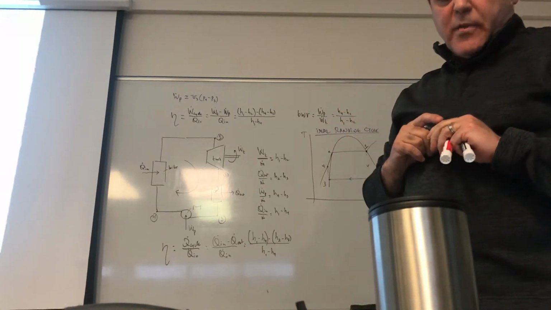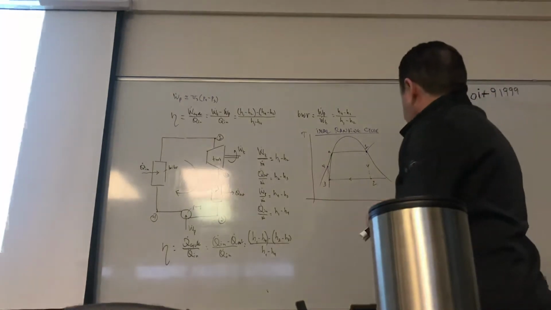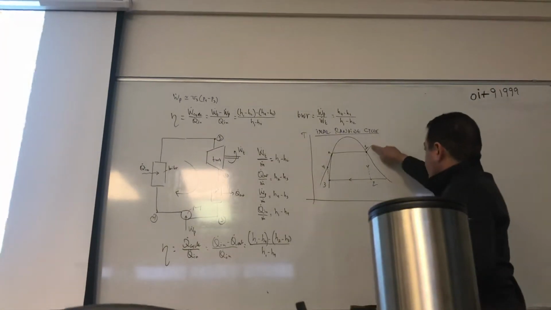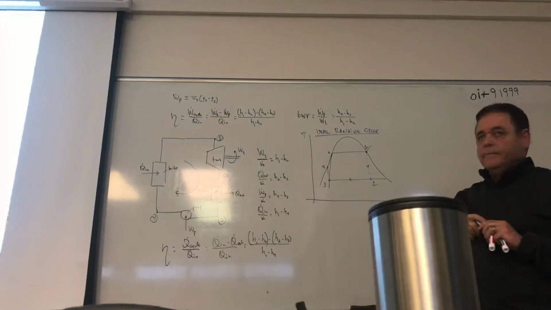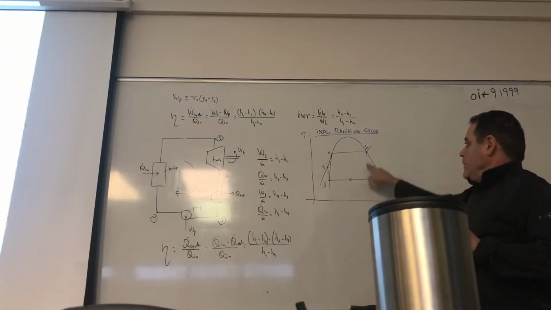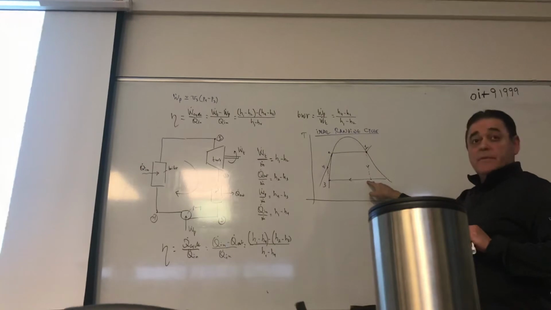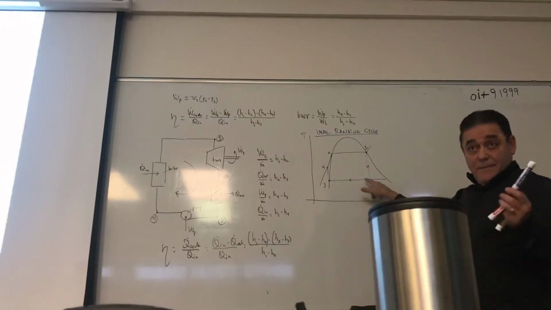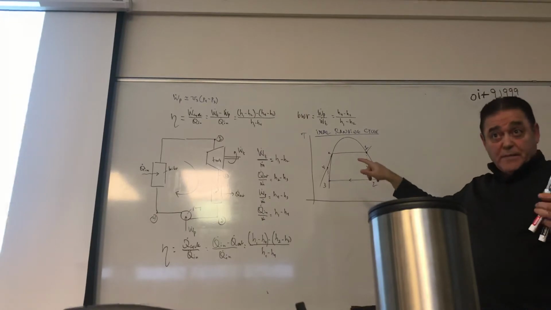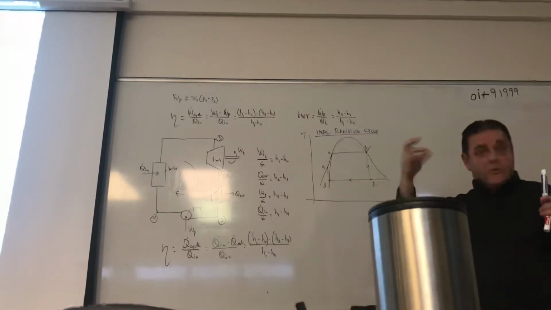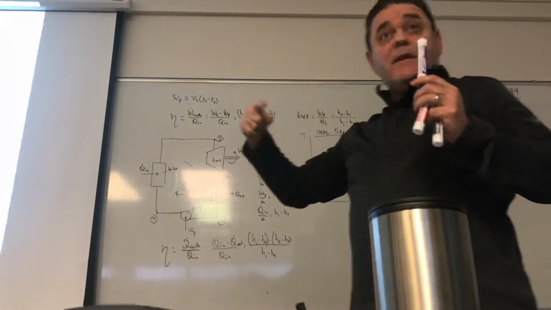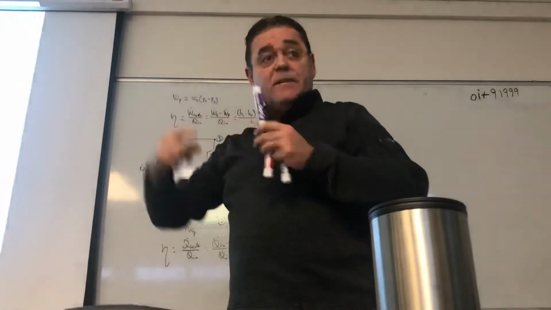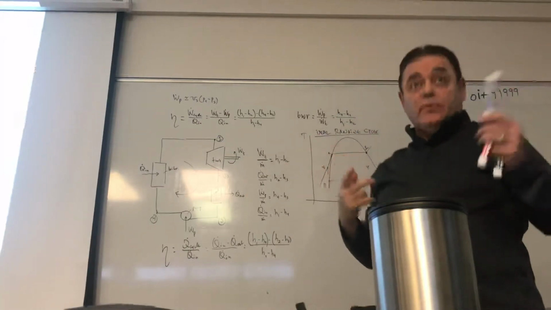Then what we started talking about afterwards is, what are the problems with this type of cycle? As the fluid goes from 1 to 2 through the turbine, you have a lot of vapor in it, water particles that come in at very high velocity, impact the blades, and erode the blades.